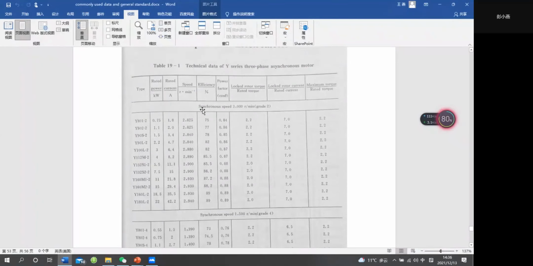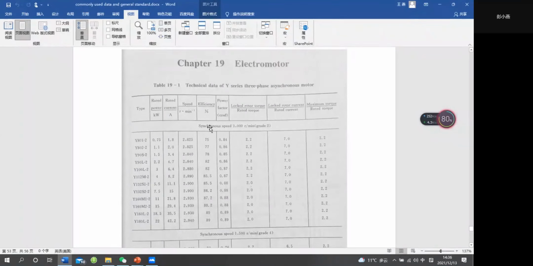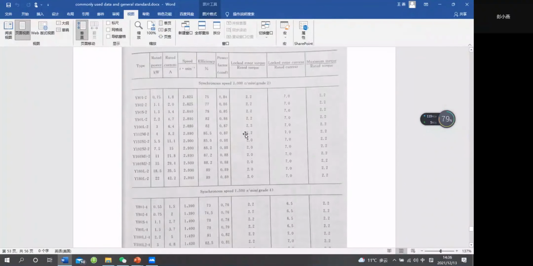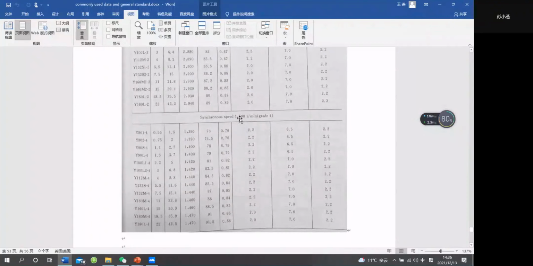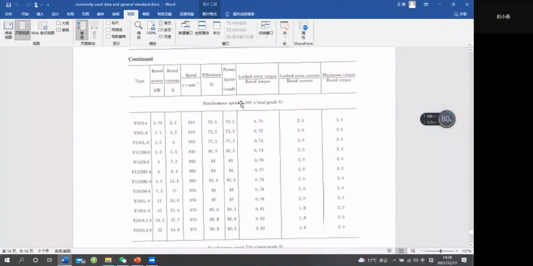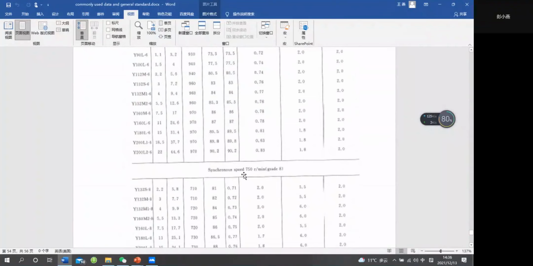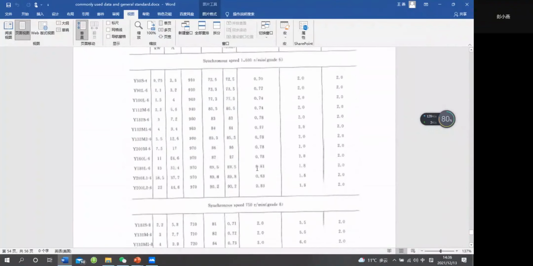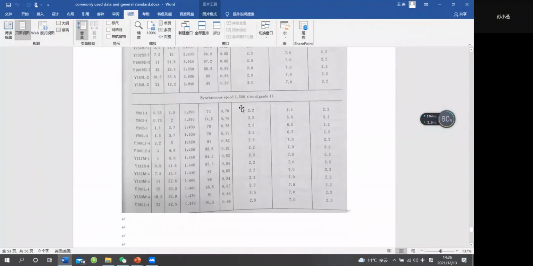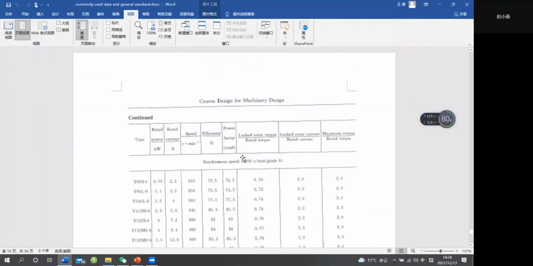And this is the synchronous speed. Do you remember? Usually there are four synchronous speeds: 3,000, 1,500, 1,000 and 750. Usually, we choose the speed with 1,500 or 1,000 revolutions per minute.